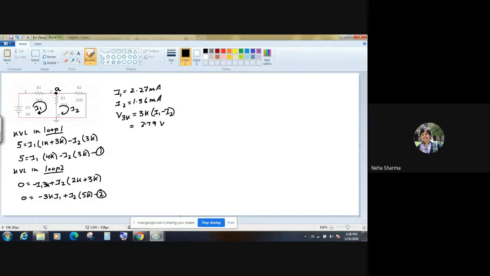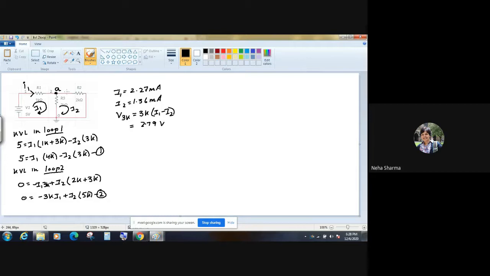When we are doing it using node analysis, we define the branch currents. There is one branch comprising two components, V1 and R1. I assume that the current through this is small i1.